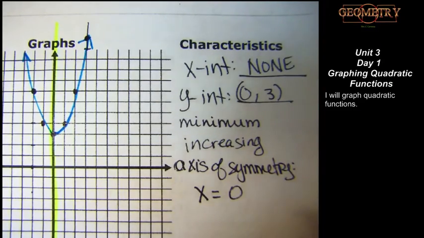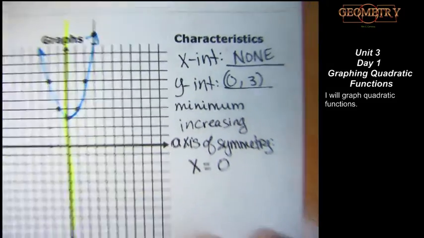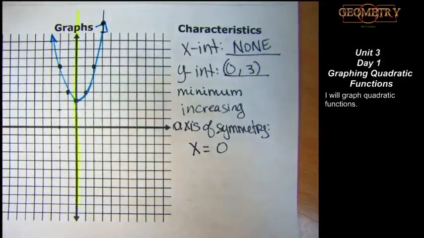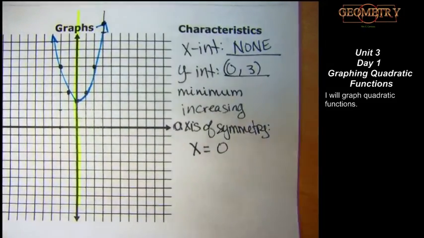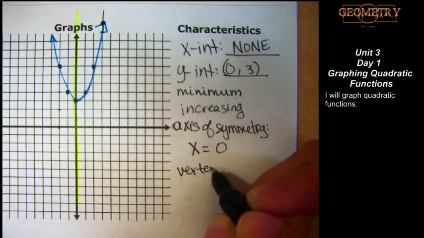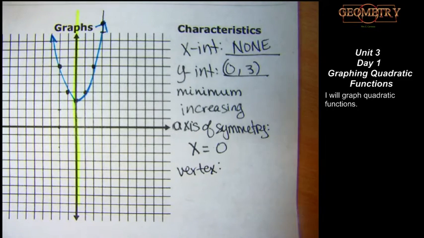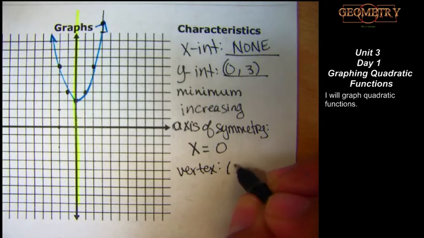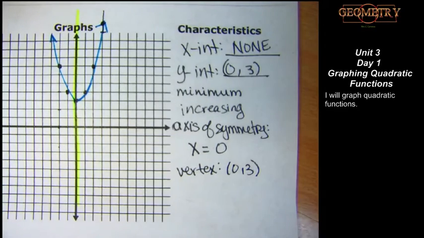Now, I had said something about where the axis of symmetry went through. Do you remember where I said it went through? The vertex. So, does this thing appear to have a vertex? Yes. Where? (0, 3). Beautiful.